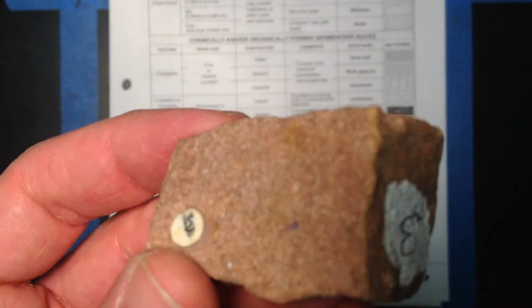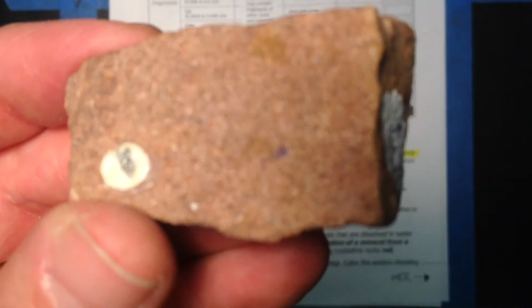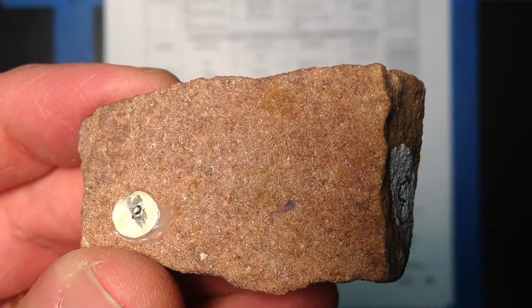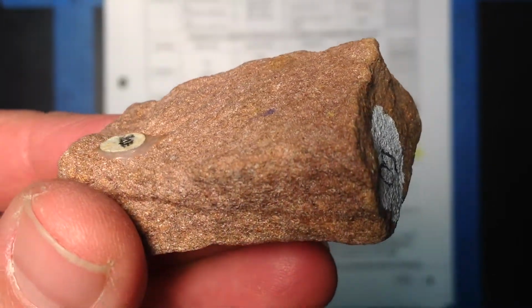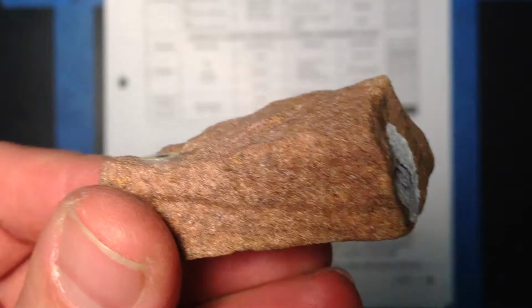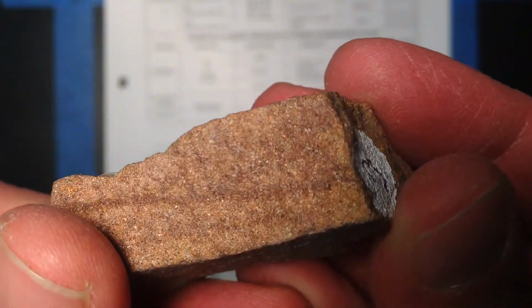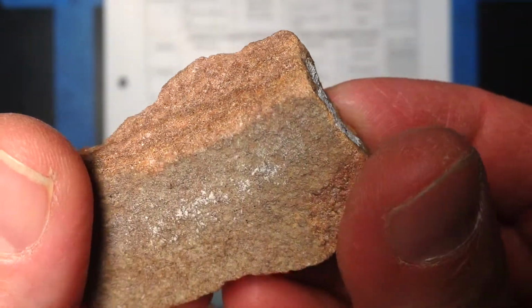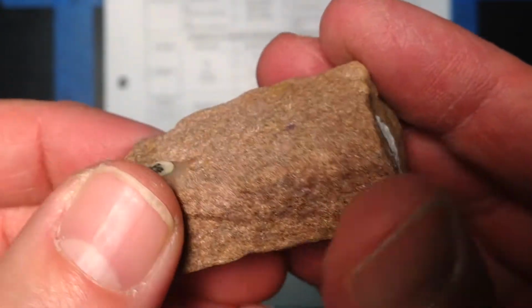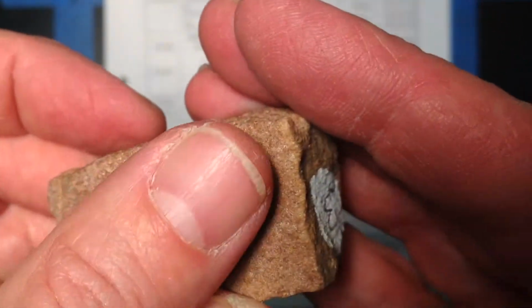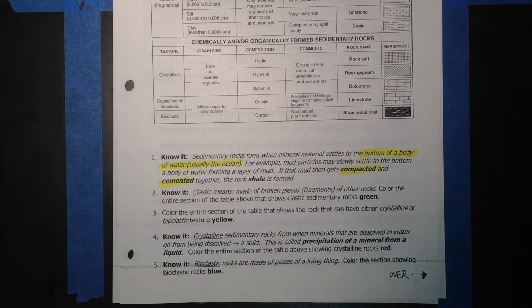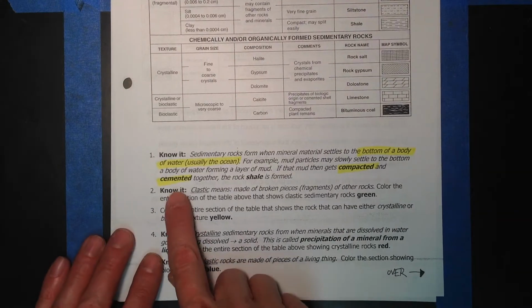There's another type of sandstone, when the sand is a little more coarse. Those are little sand grains. In real life you could see it much better. Very sandy. So sand that gets compacted and cemented together will form sandstone. That's key.